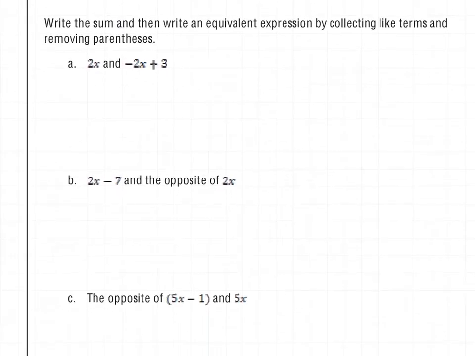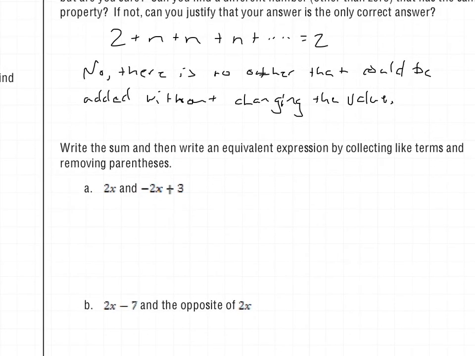Alright, it says write the sum and then write the equivalent expression by collecting like terms. So this is going to hopefully help us think about what we just talked about, how additive inverses can lead to additive identities and what that means for the expression. So this is looking for the sum of each of these, so it's 2x plus negative 2x plus 3.